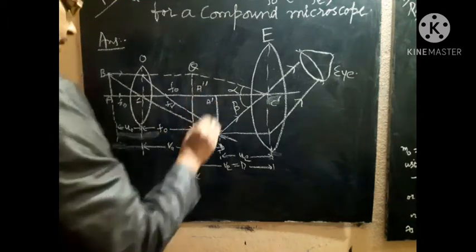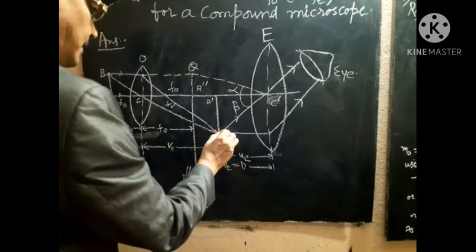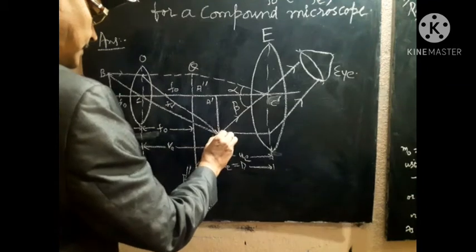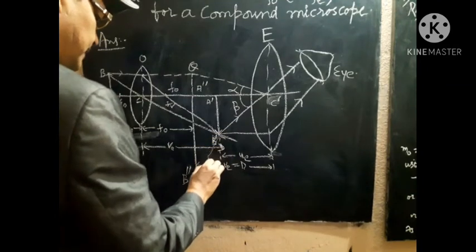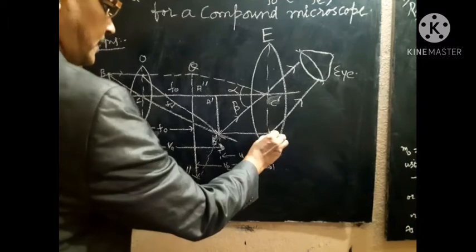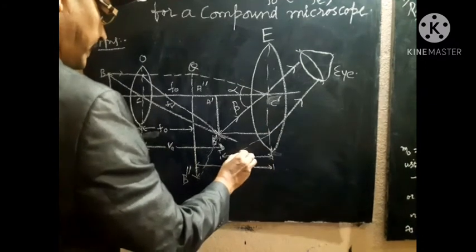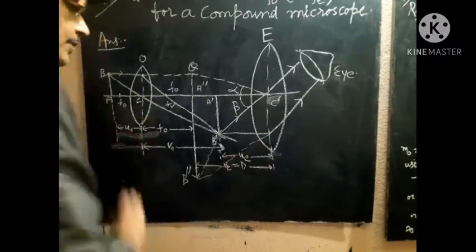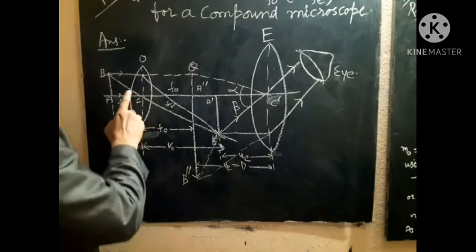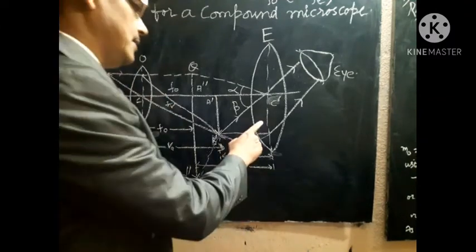That is A double dash B double dash, and it is like this. From this there will also be a ray diagram. Here this is the objective lens, this is the eyepiece lens.